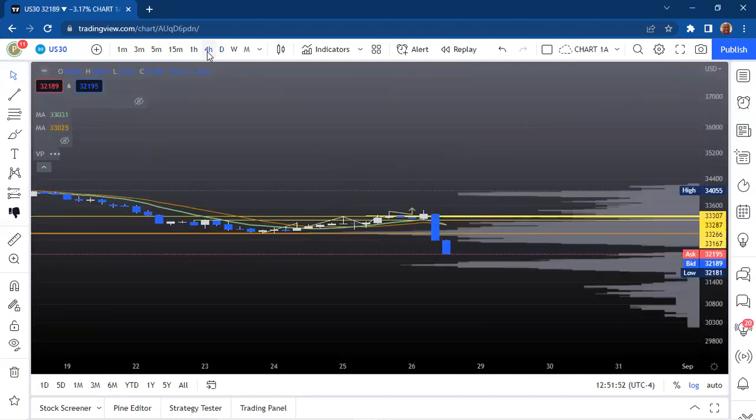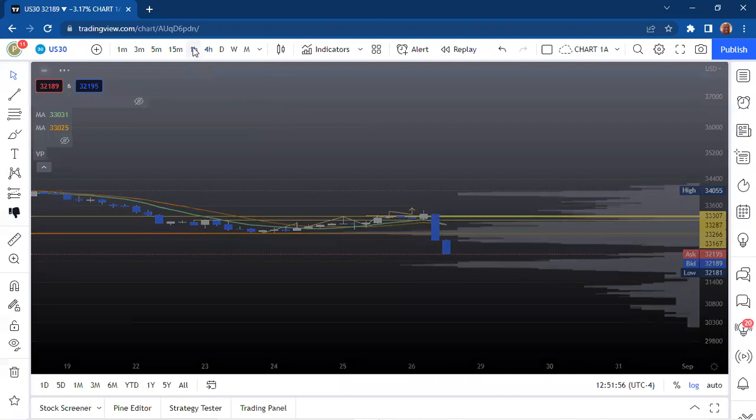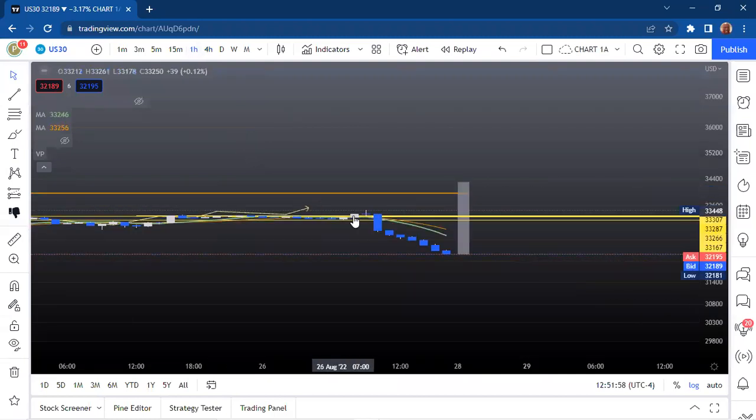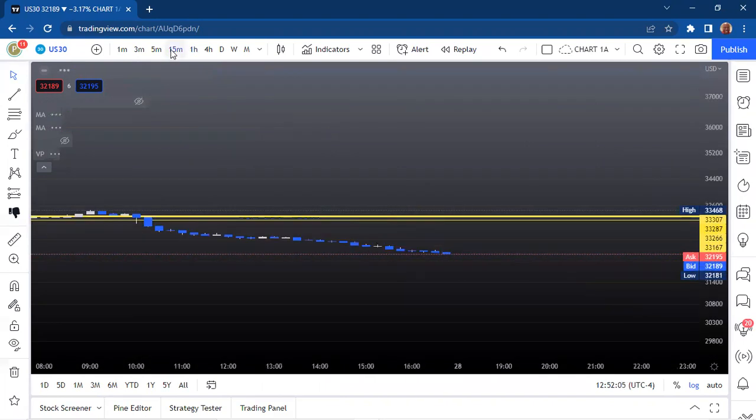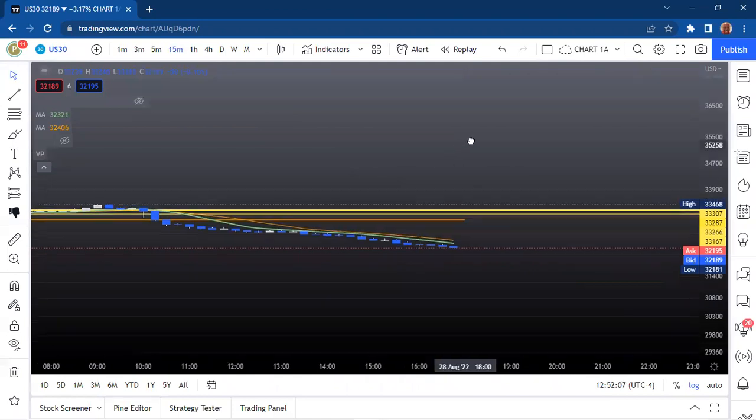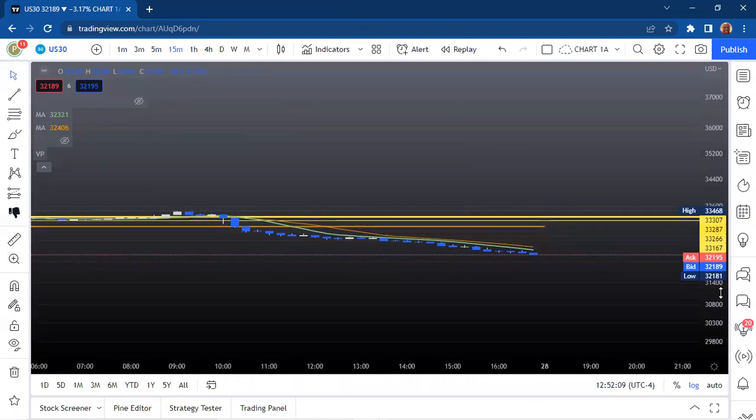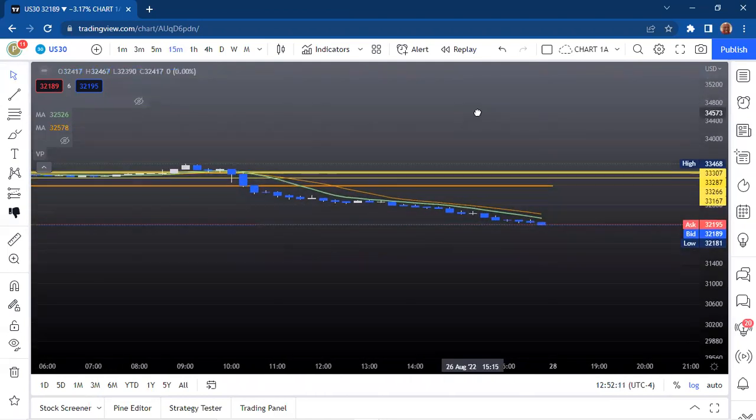Go down to the 4-hour and we see the same thing happening, continuing to ride downward. That's why I start from the top down, because when you go down to the lower time frames, you'll notice it's going in your direction. So we look for entries in the 15-minute or the 5-minute, either or.